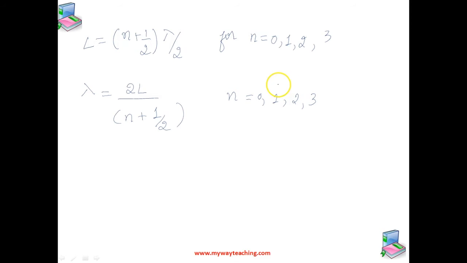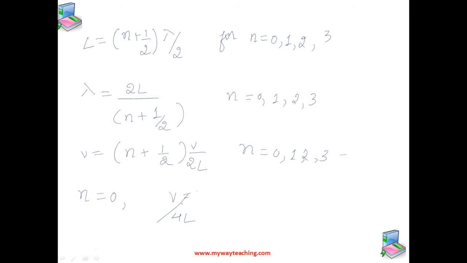The normal modes or the natural frequencies of the system, we can write as vn equal to (n plus 1/2) v by 2L. If you consider the fundamental frequency, we put n equal to 0, so we get v by 4L.